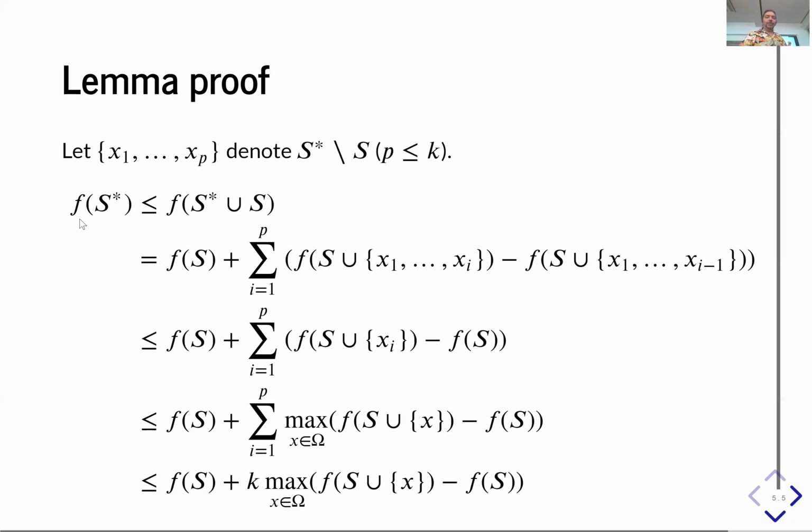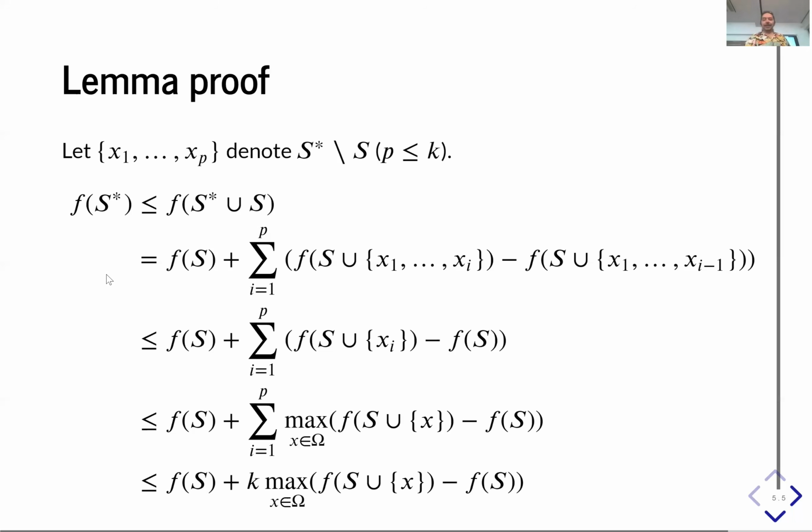So what do we do? F of S star, because of monotonicity, is less than F of the union of S and S star. Then we do a kind of tic-tac path from F of S to F of S star union S, by adding the missing elements one by one.